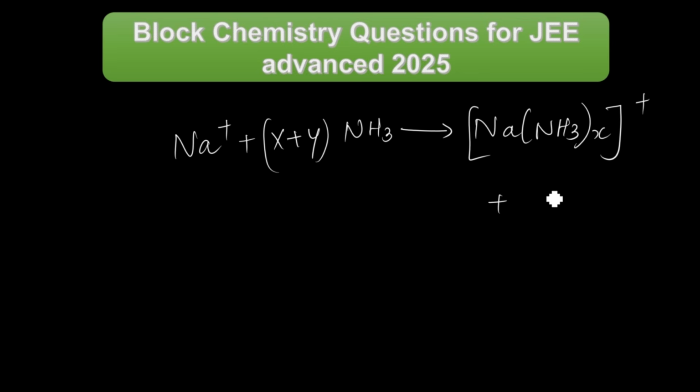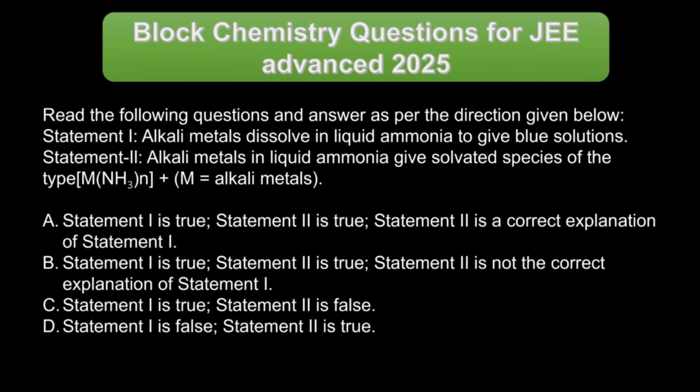So along with that, some amount of ammonia will also get released. So this is what the reaction happened over there with ammonia-added electrons. Alkali metals dissolve in liquid ammonia to give deep blue solutions which are conducting in nature, right? So the statement is true.